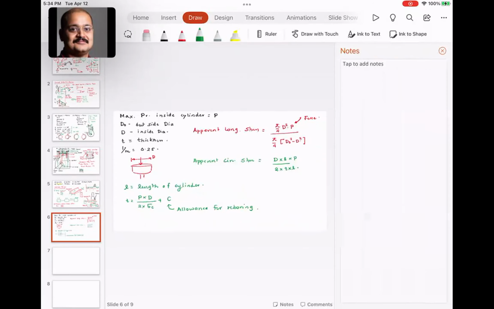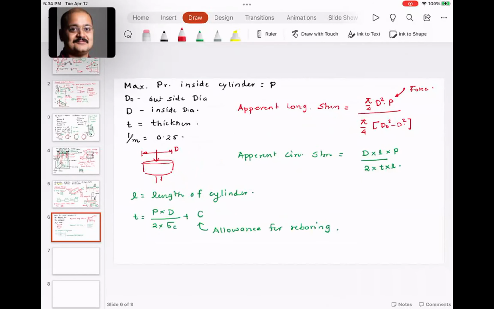Then the sigma C value is typically 35 Newton per millimeter square, all the way to 100 Newton per millimeter square. Now again, what are the different values of C?